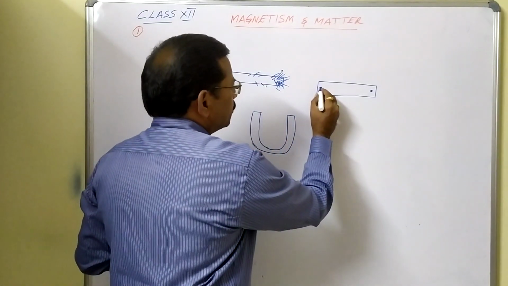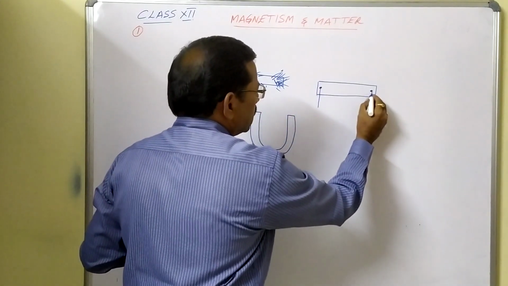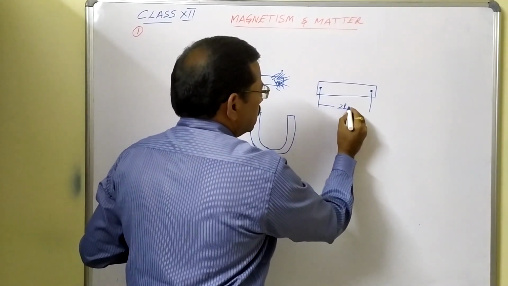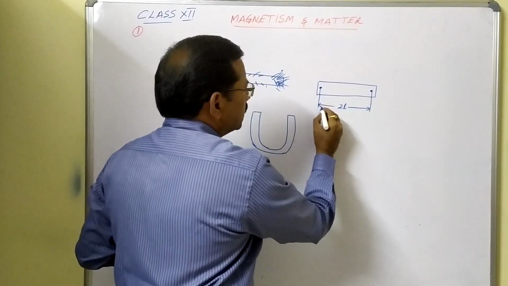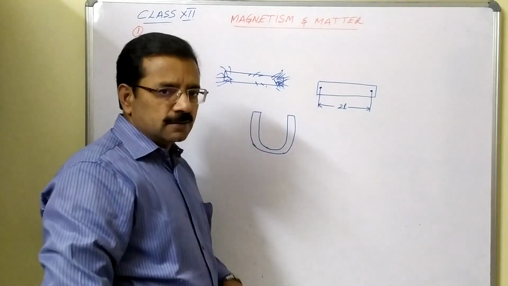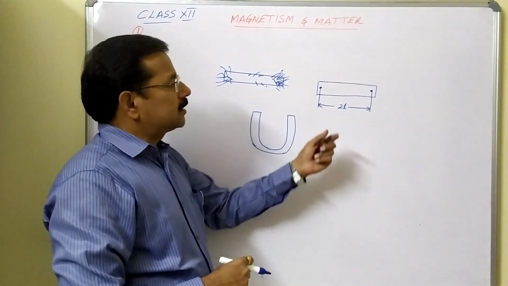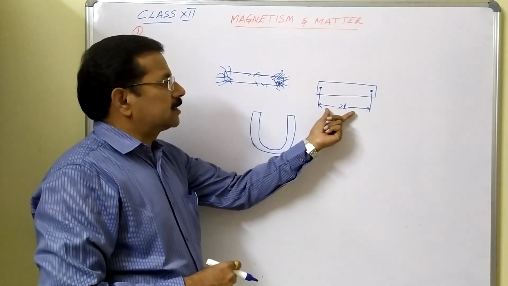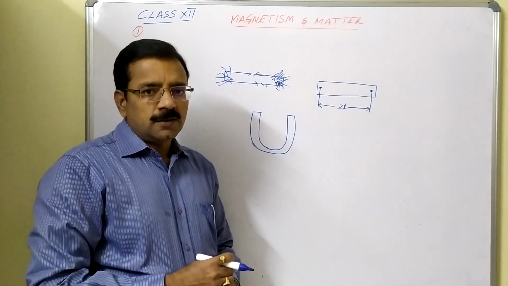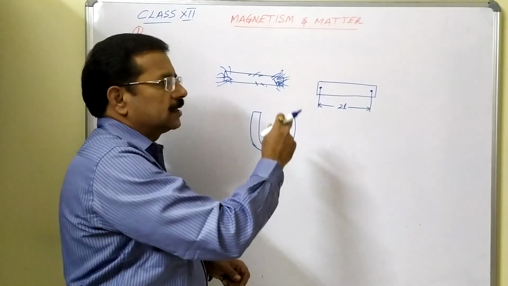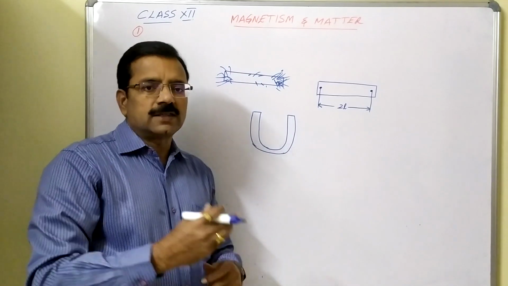The distance between these two magnetic poles is called magnetic length, and it is generally identified with 2L rather than with the letter L. Later we will discuss the reason for identifying magnetic length with 2L rather than with L.